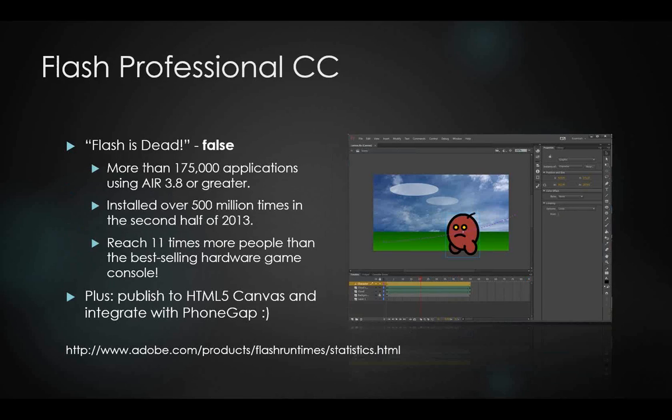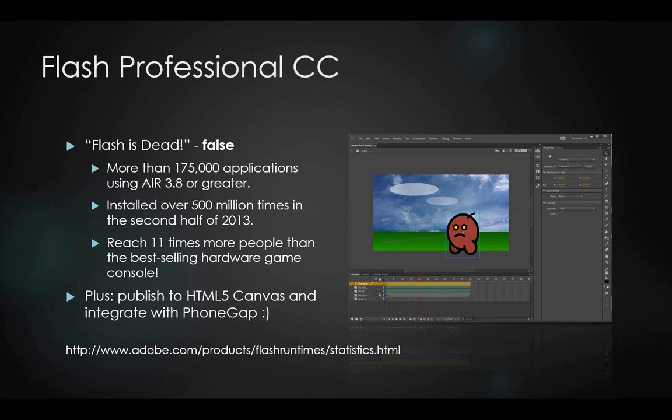So this might come as a surprise to people, but Flash Professional is actually a really good option as well. So I've got some stats here. Flash is dead. Of course it's not. The newest version of Flash Pro CC can actually publish to HTML5 canvas, and you can integrate that with PhoneGap. It uses a library called Create.js, which is an entirely JavaScript-based library that writes to canvas.